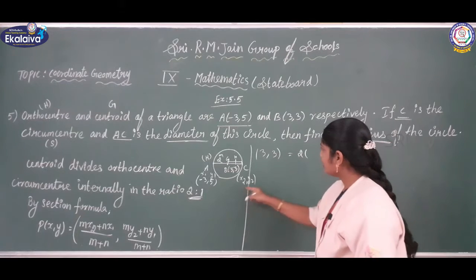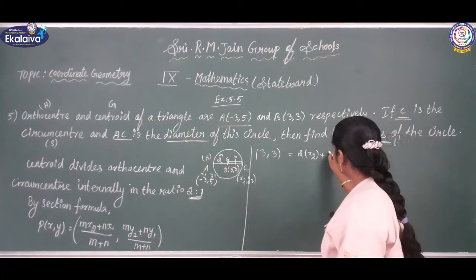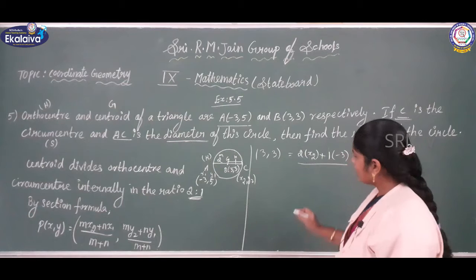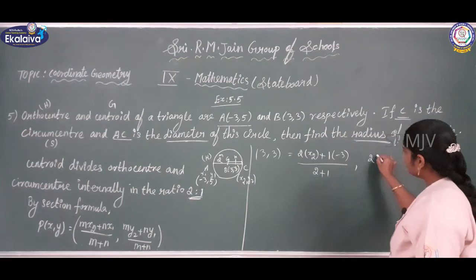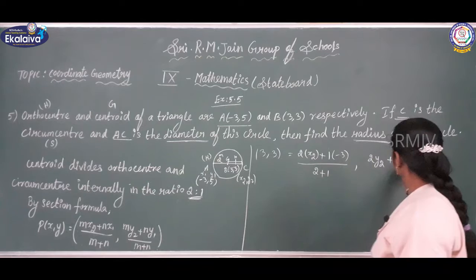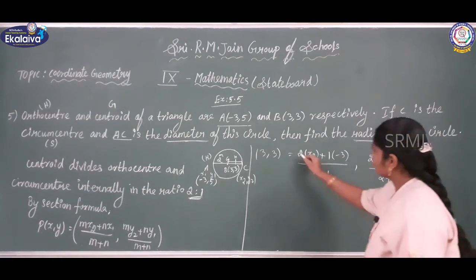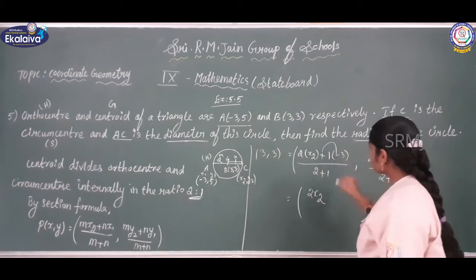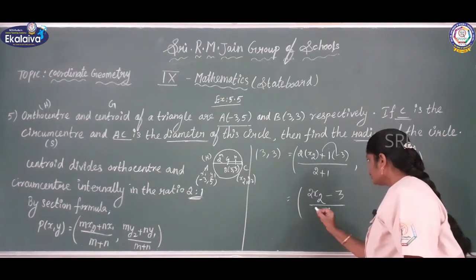Substitute here: 2x2 plus n x1, n value 1, x1 minus 3, divided by m plus n, 2 plus 1, comma 2 into y2 plus 1 into y1 which is 5, divided by 2 plus 1.